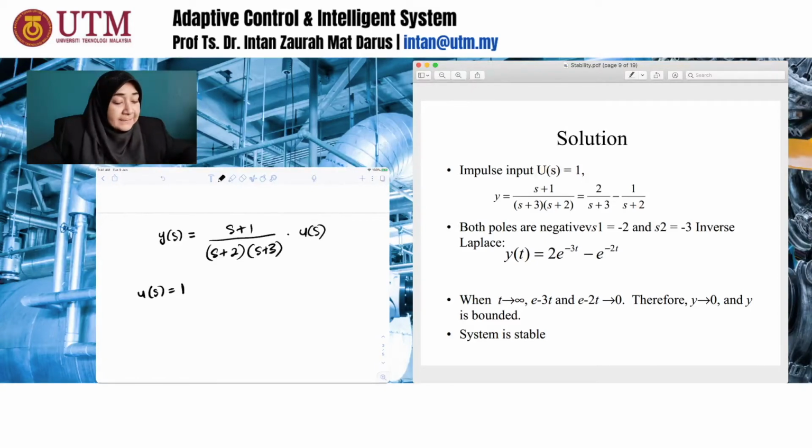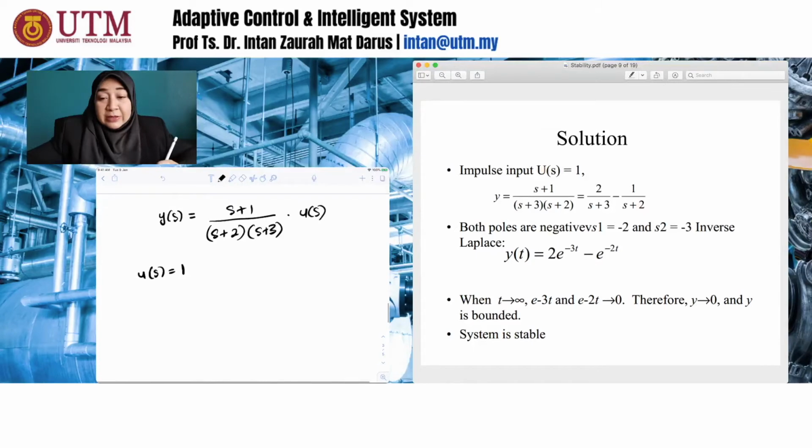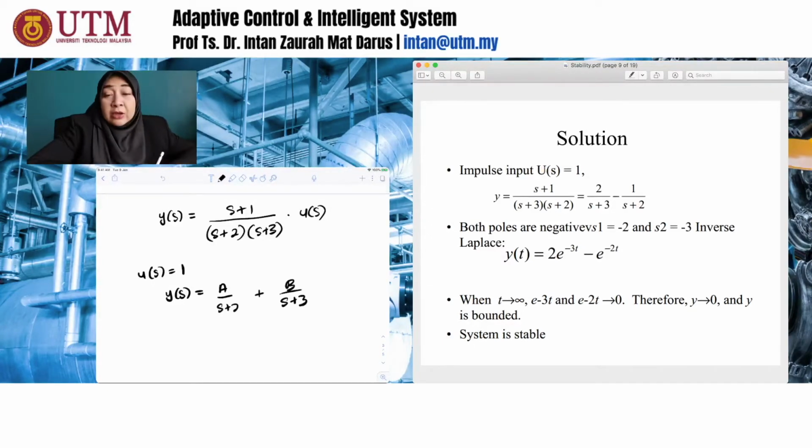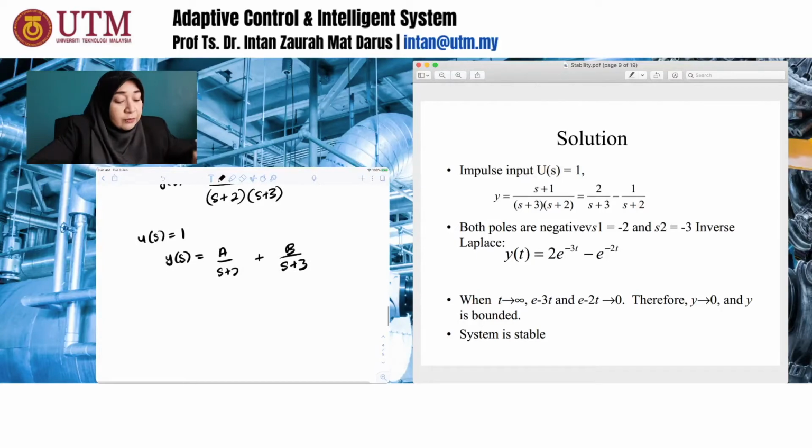So we are doing partial fractions again. But if I don't want to do partial fractions, I'm just going to say that Y(s) equals A over (s+2) plus B over (s+3). No matter what the values of A and B are, the stability of the system is actually affected by your denominator, not the values of A and B. How is that so?